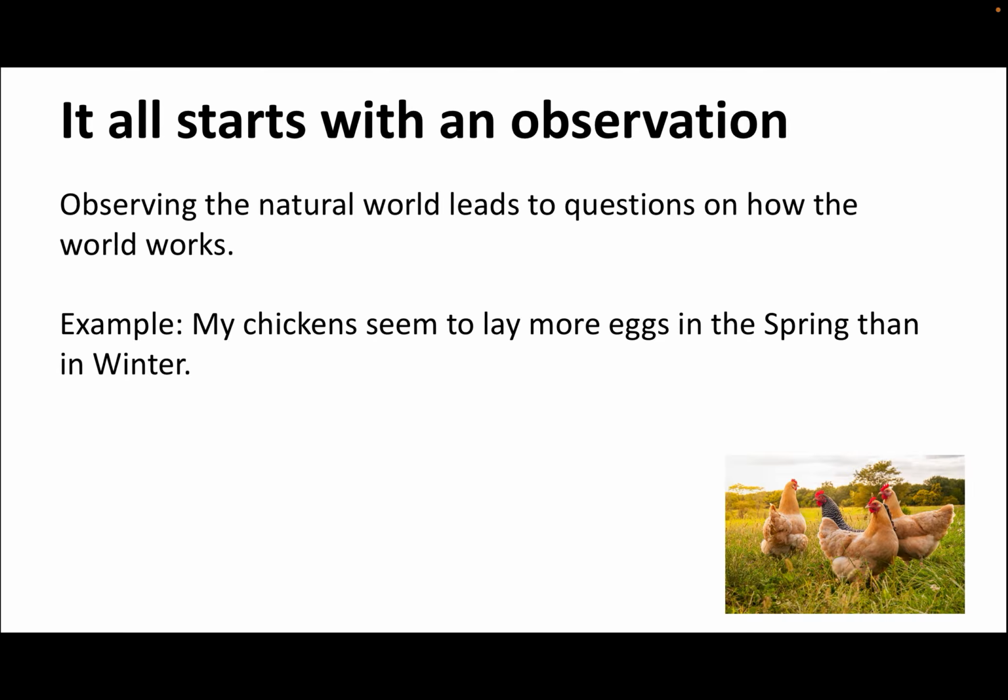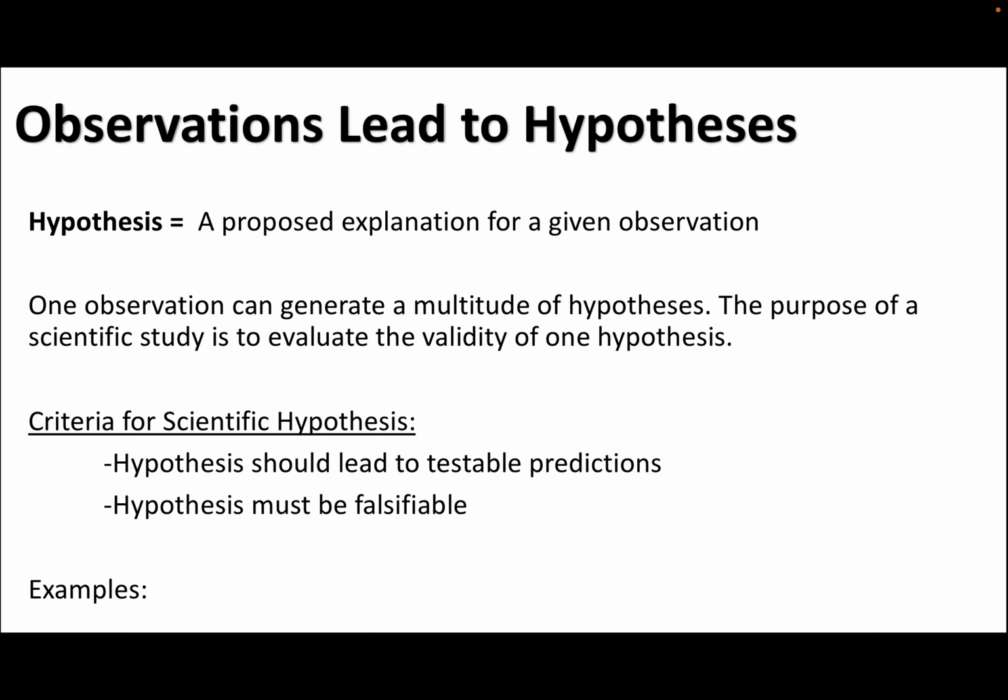Well, with that observation comes the natural tendency to try and explain the observation. And so these possible explanations have a name within the scientific method. It's called a hypothesis. So a hypothesis is a proposed explanation to the observation that was made. We always expect that an observation is going to generate a multitude of possible explanations for us to investigate.